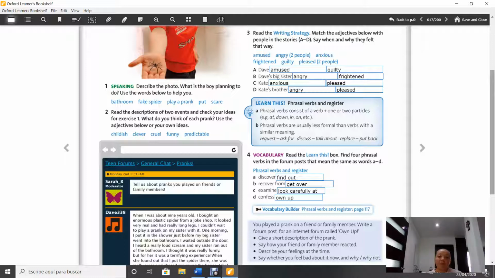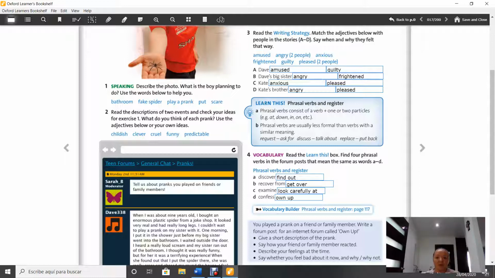Phrasal verbs are usually less formal than verbs with a similar meaning. What does it mean? Sometimes we use phrasal verbs to talk in an informal way. Sometimes, not always, okay? We have some examples here. Request and the phrasal verb that means the same is ask for.